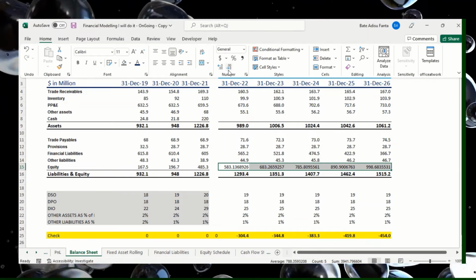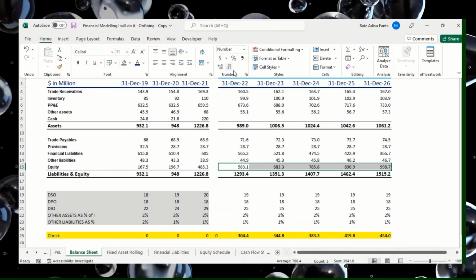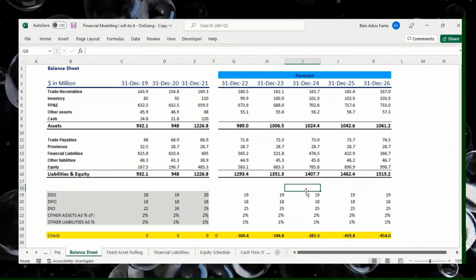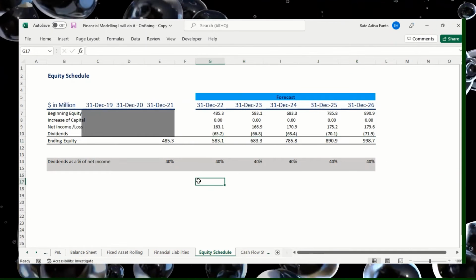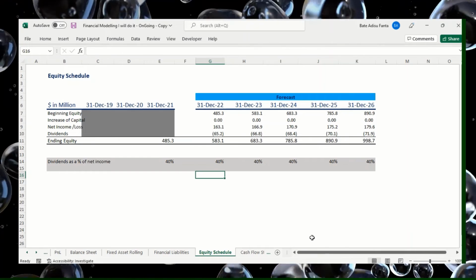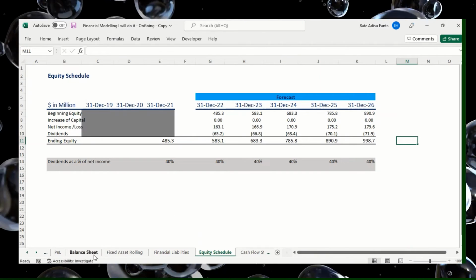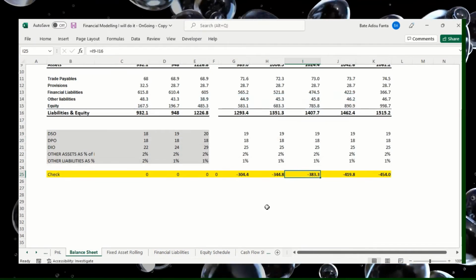We have so many decimals here, so just remove decimals. All right, that's it. The equity schedule is well done, and we brought this ending equity to the balance sheet.